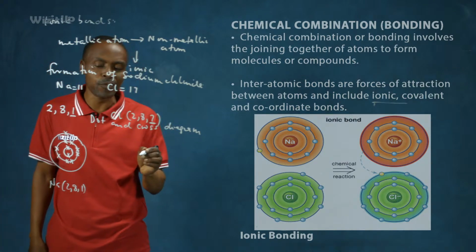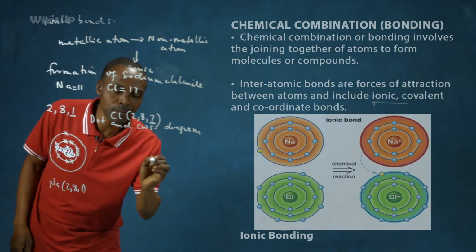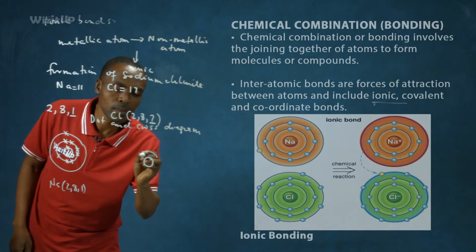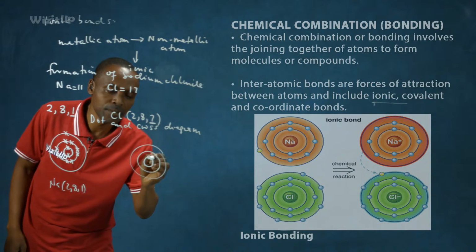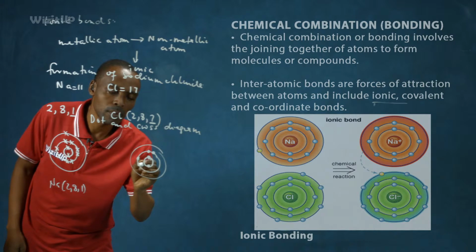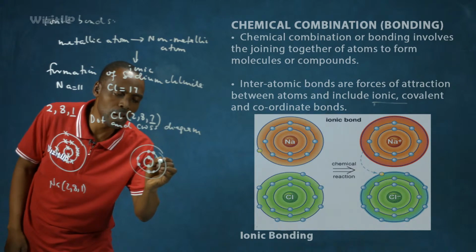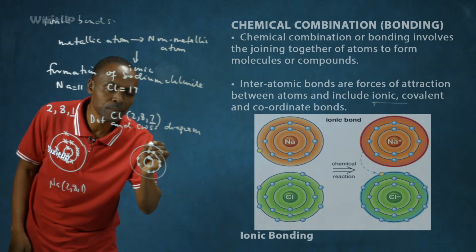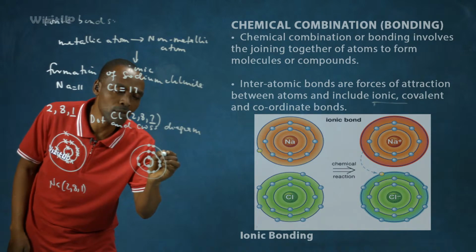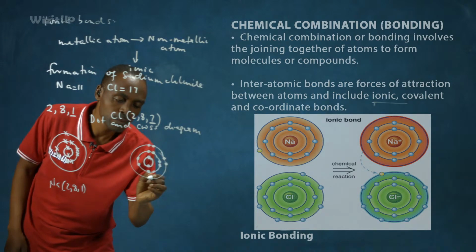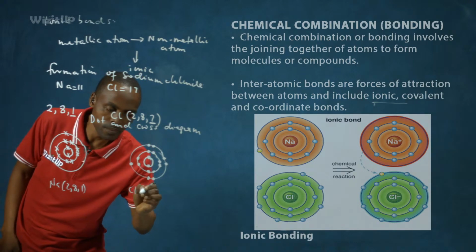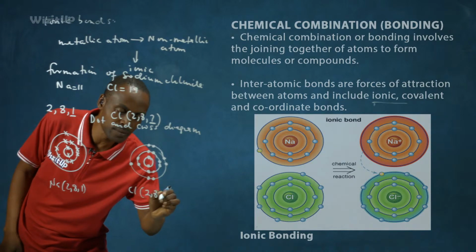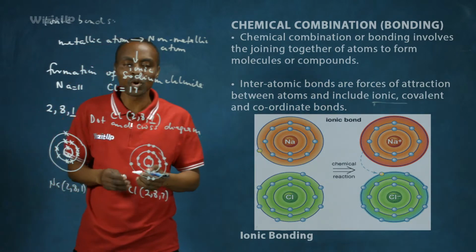Now, for the chlorine atom before bonding, we have two electrons in the inner shell, eight electrons in the middle shell, and 7 electrons in the valence shell, with electronic configuration of 2, 8, 7.